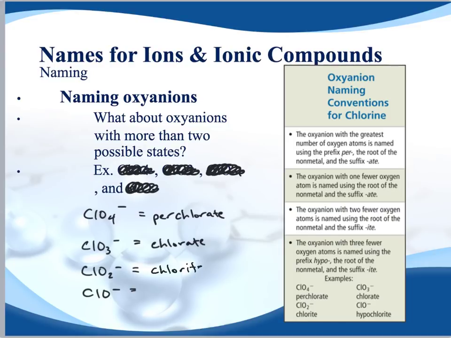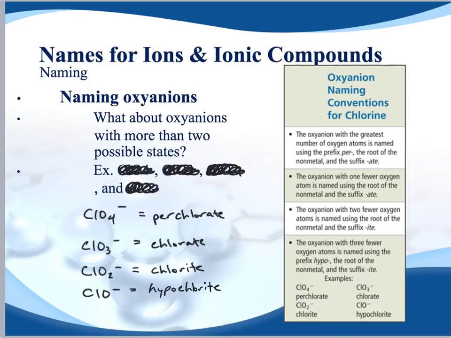Root plus suffix ite, ClO2 -1 is chlorite. And the last one, ClO with a -1 charge. The oxyanion with three fewer oxygen atoms is named using the prefix hypo, the root of the nonmetal, and the suffix ite. So that becomes hypo as the prefix, chlor from the root, and the suffix ite: hypochlorite.